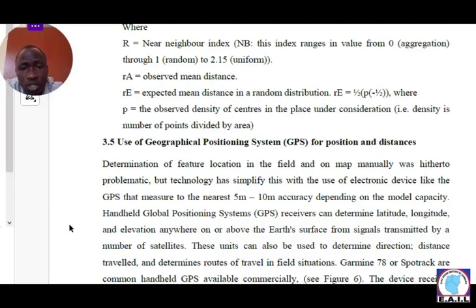They are saying that the determination of the feature location in the field and on the map manually can be problematic, but technology has simplified this with different uses of electronic devices. For instance, you can talk about the geographical positioning system that is much used there.